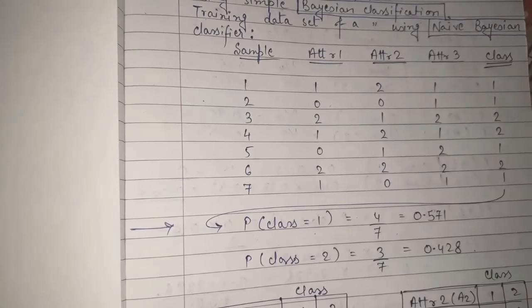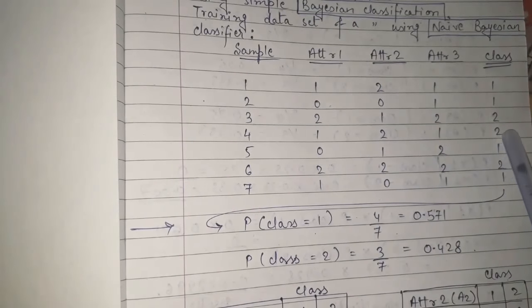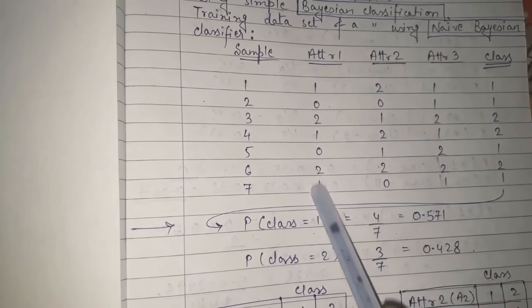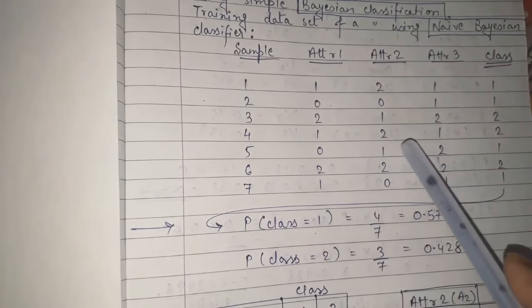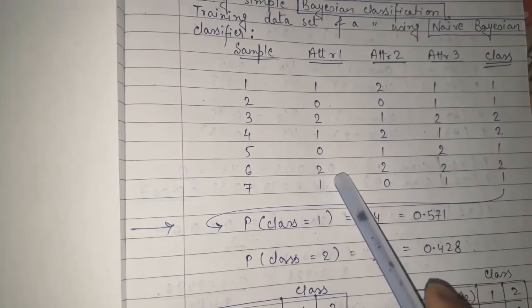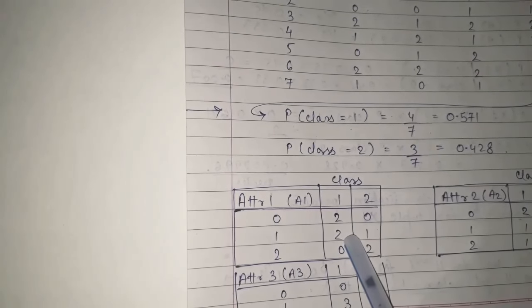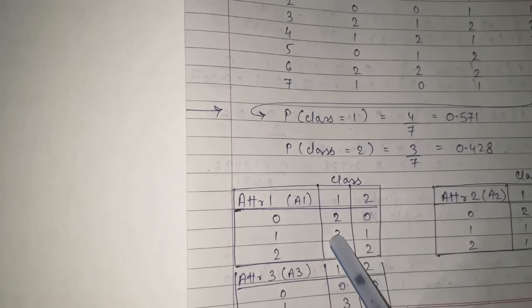Attribute 1 and value 1. So this is 1 that belongs to class 1. Again 1 belongs to class 2 and again 1 belongs to class 1. So there are 2 ones that belong to class 1 and 1 that belongs to class 2.